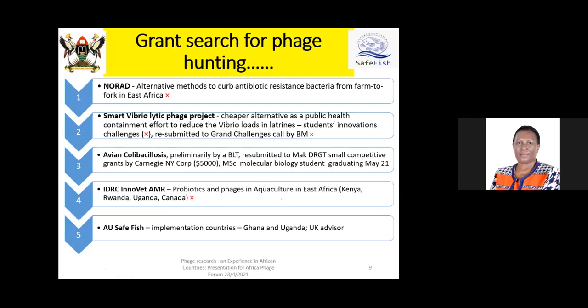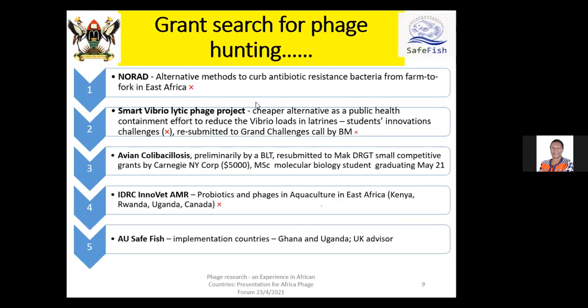Still we were not successful. This was about $3 million. So I think we cannot write proposals worth that much money. Then afterwards there was a call from the EU, where the funders are the European Union.